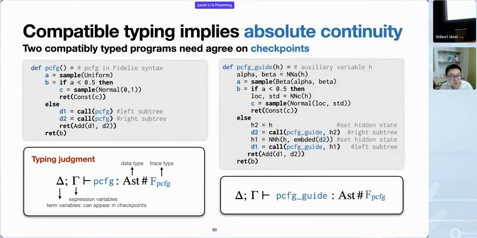This is a guide program for PCFG. These two programs can be assigned the same trace type, so they must agree on control flow decisions. It is guaranteed that this model and this guide program are absolutely continuous with respect to each other.